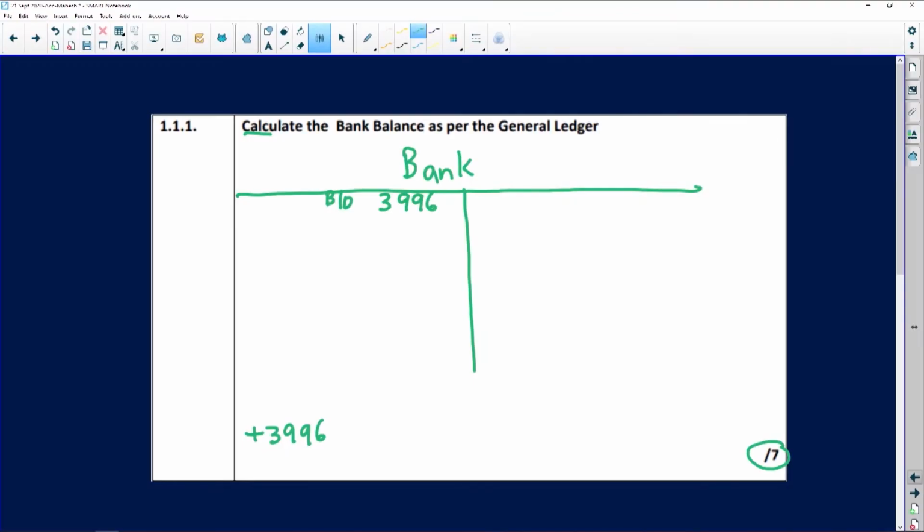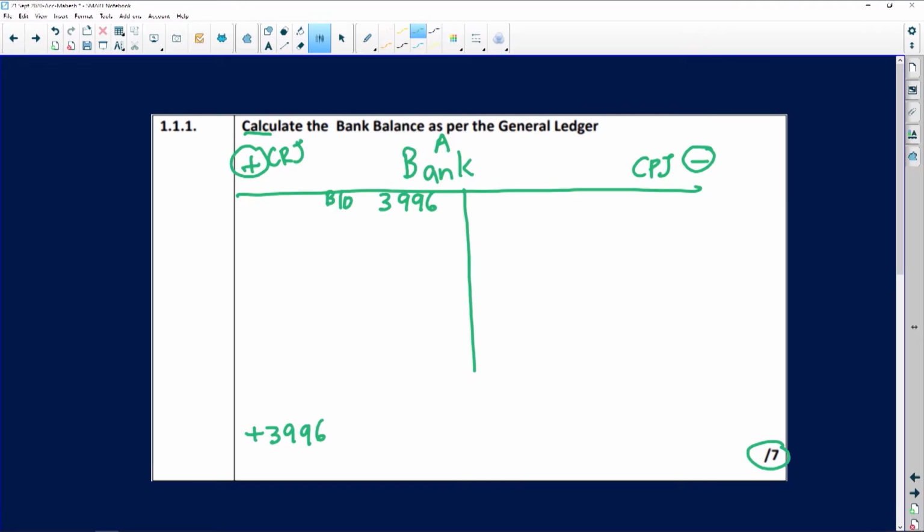Remember, we thought we received 300 Rand. We entered this in our CRJ, but because the check is dishonored, we've got to now cancel this in our CPJ. So since we're not doing journals, how is this going to affect it? Bank is an asset. It has a favorable balance. So if there are any additional receipts, the CRJ is going to increase our bank balance, whereas the CPJ, any additional payments, is going to decrease our balance.